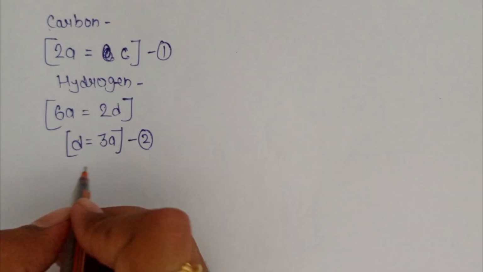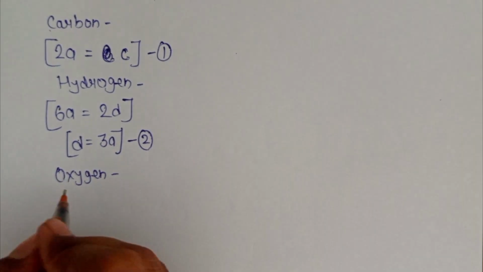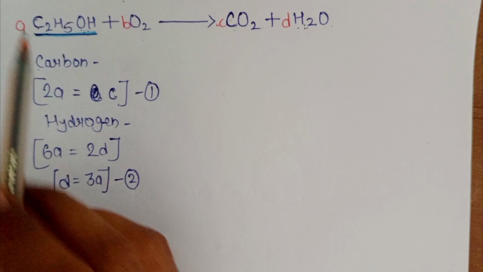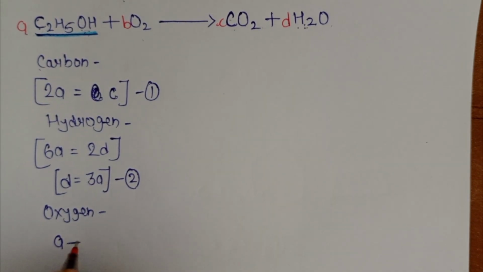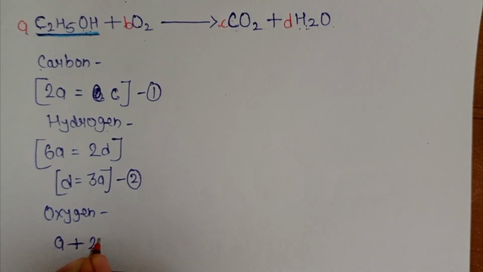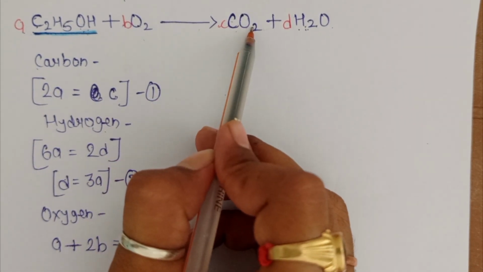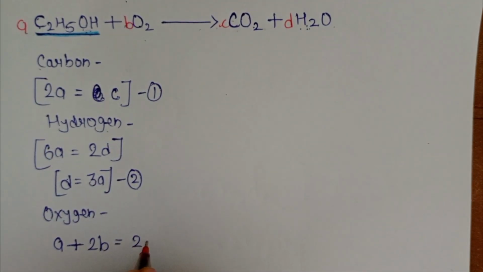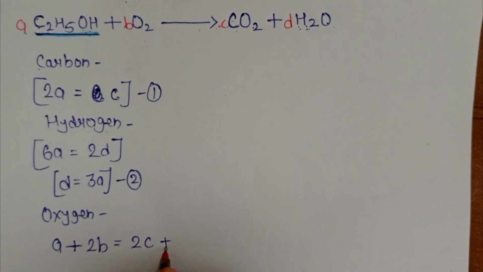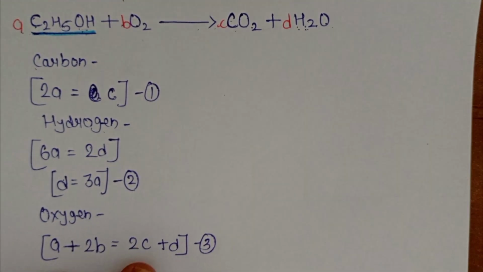Now for oxygen. For oxygen, there is 1 oxygen atom with coefficient A, means A, plus 2 oxygen atoms with coefficient B, 2B, which is equal to 2 oxygen atoms with coefficient C and 1 oxygen atom with coefficient D. This is the third equation.